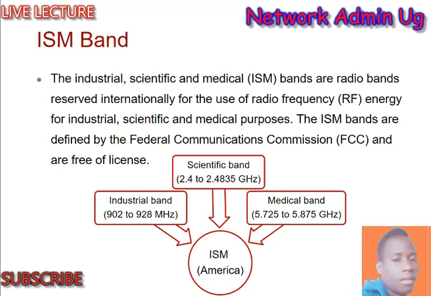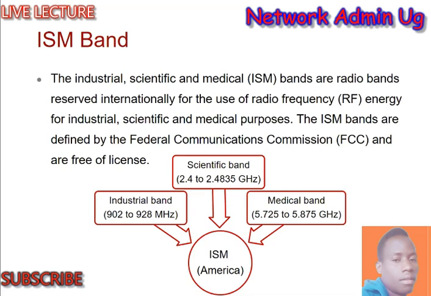For the industrial band, there is a range, okay? And the FCC works with a couple of agencies across various countries in the world in order to implement what we would call the licensed and the unlicensed bands. So it is very important to know what ranges are recommended and in what countries.